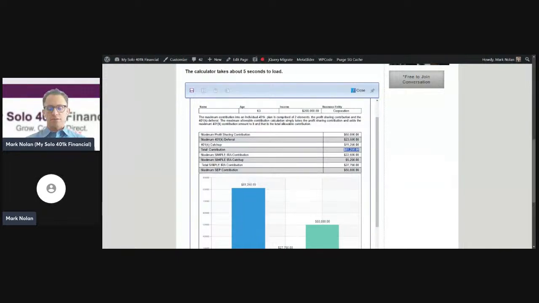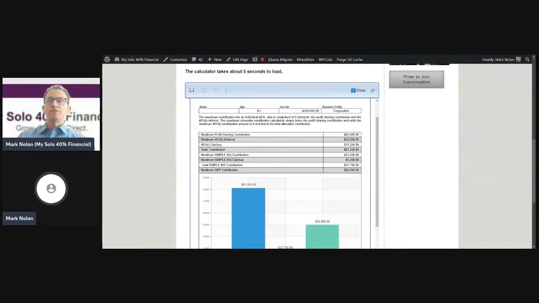Subtract 50,000 of employer Roth solo 401k contributions equals $31,250. Subtract 23,500 of employee Roth solo 401k contributions. So you're going to be able to do a Roth employee solo 401k catch-up contribution of $7,750.